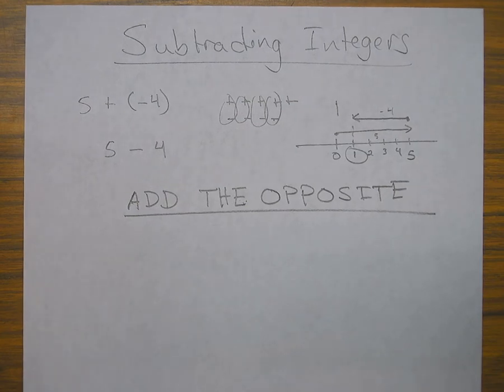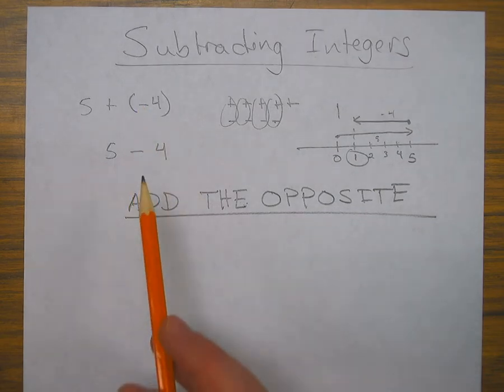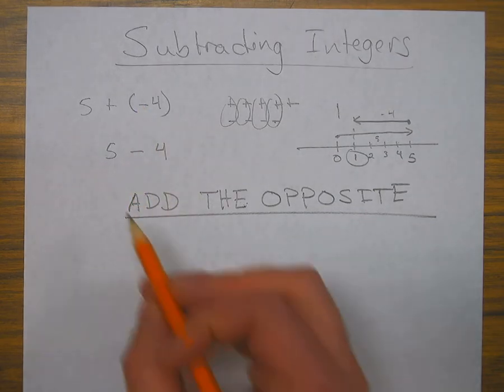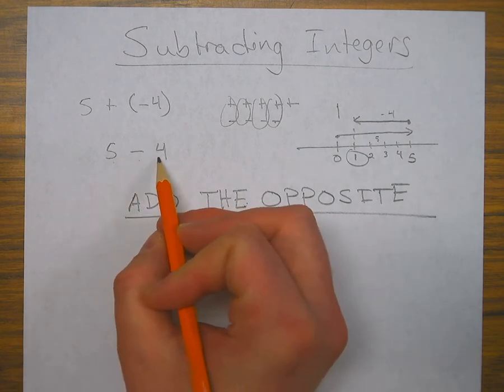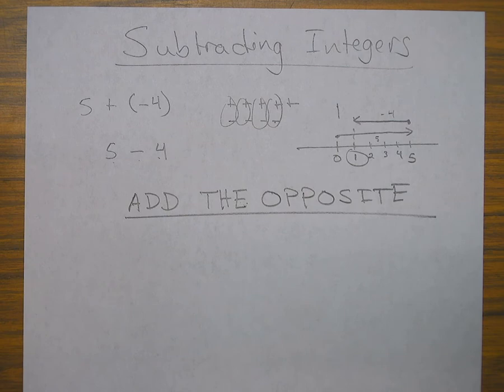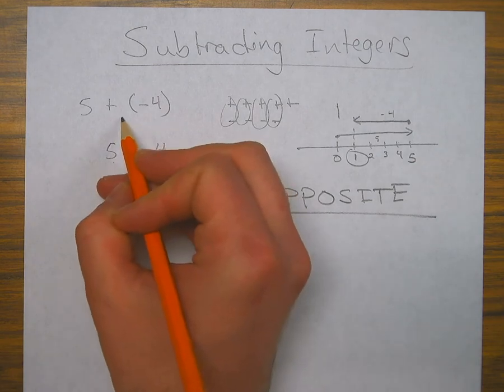You're going to add the opposite. Now, if you take a look at these two examples that I just showed, well, 5 minus a positive 4.